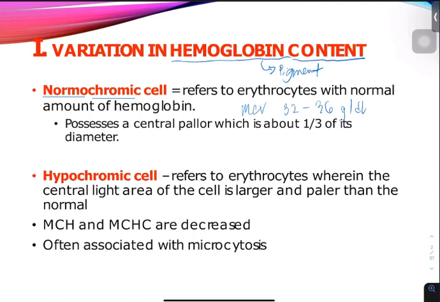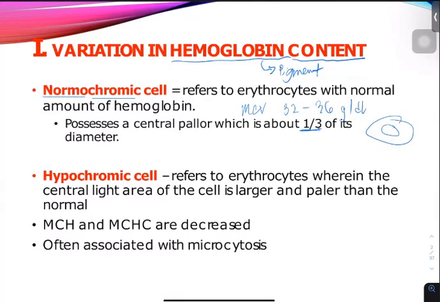Your RBC has a central pallor of 1/3 of the cell. If it's 1/3, then your cell is considered to be normochromic.